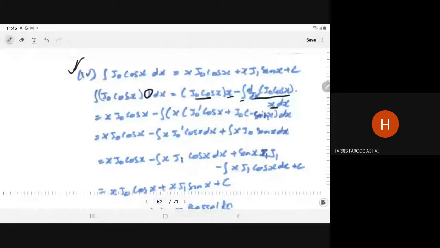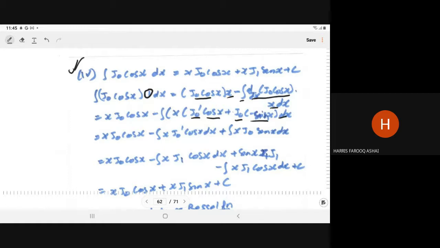Now you take the dy/dx of J0 cos x, which is equal to J0' cos x plus J0 times minus sin x dx. So this can be written as x J0 cos x minus the integral of x J0' cos x plus x J0 sin x.